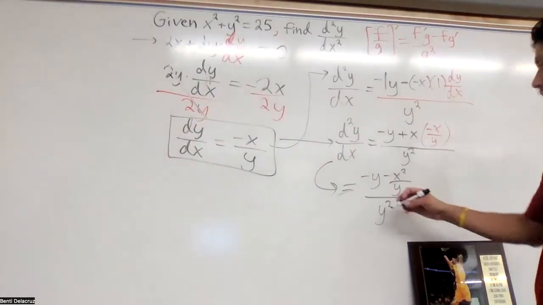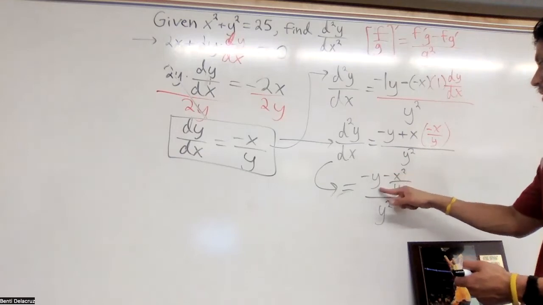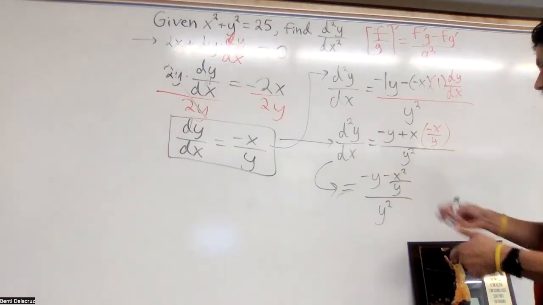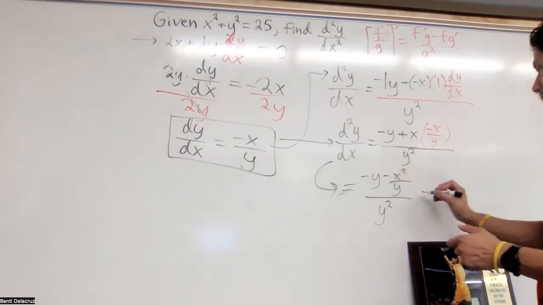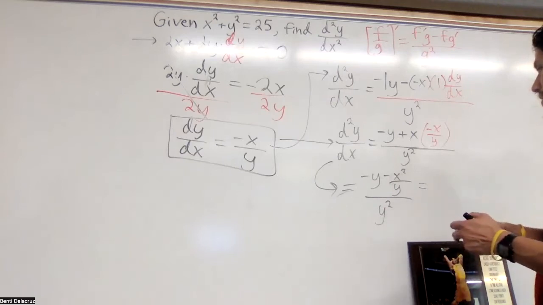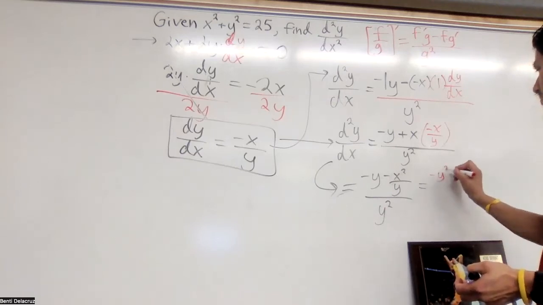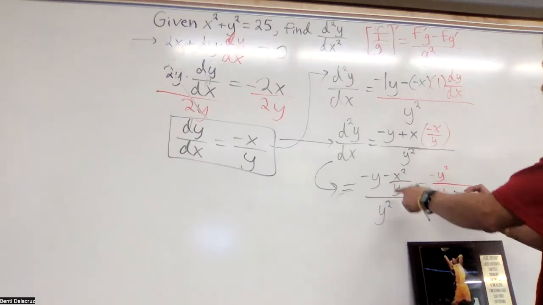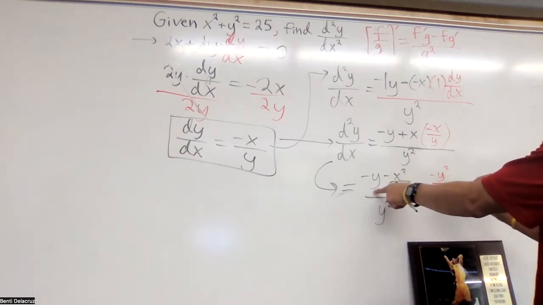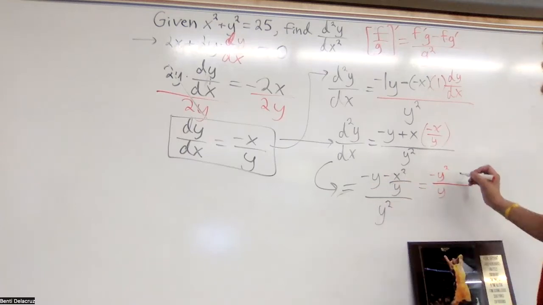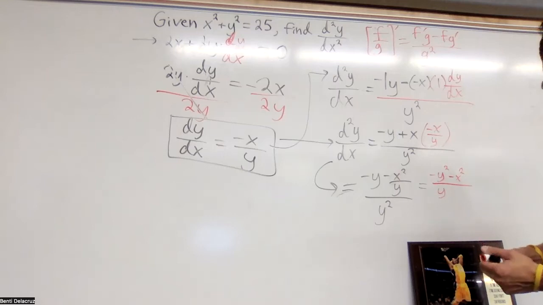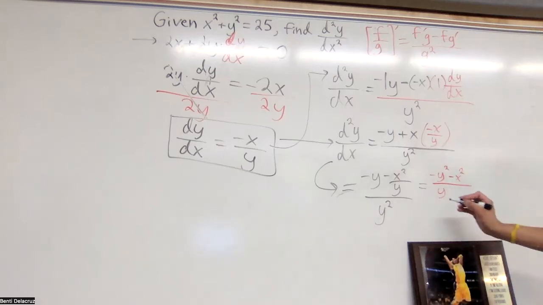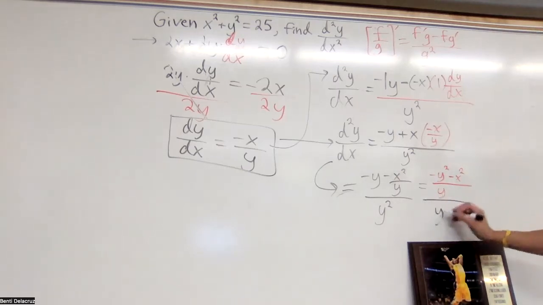What we can do is multiply this by a y over a y. And so this will be equal to a negative y squared over a y. And then since this has a y in the denominator, this will be minus an x squared on top. And then this will be all over y squared.